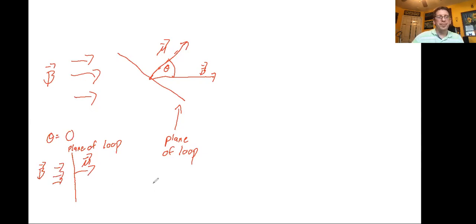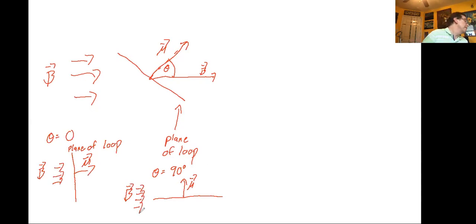And then when theta equals 90, mu is like that, and B is like that, and then theta equals 180, just so you can visualize.